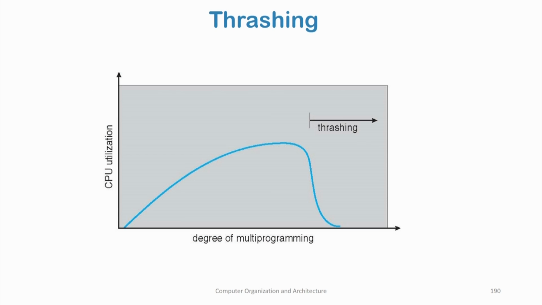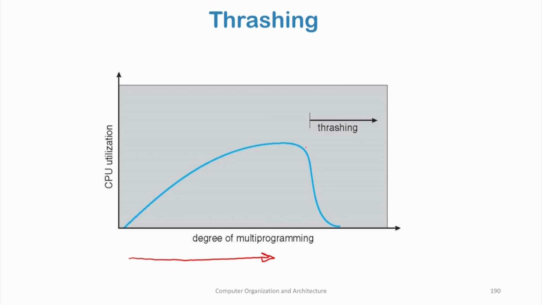Now, when we increase the degree of multiprogramming up to a certain extent, we increase CPU utilization. Then after that, more processes will start spending more time in paging than in execution, because there are so many processes coexisting in the main memory that not enough frames could be allocated to keep the active pages of these processes in main memory.